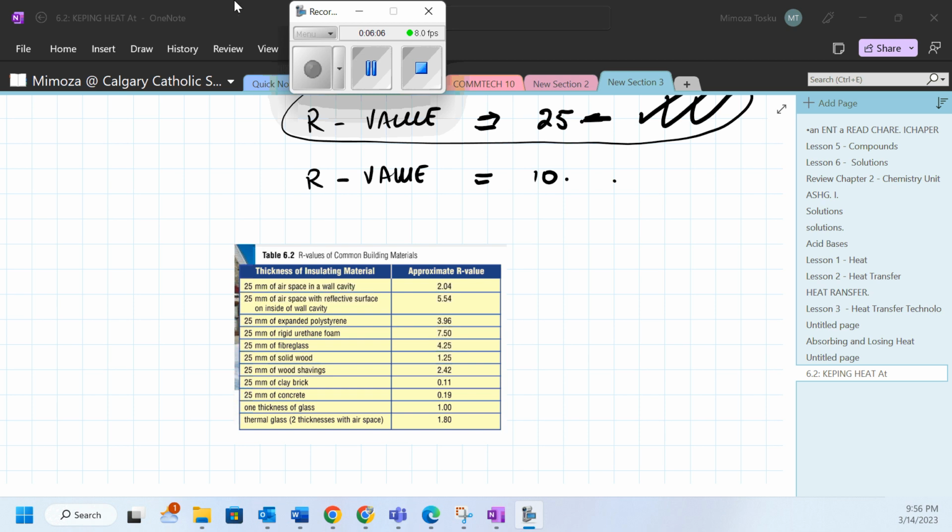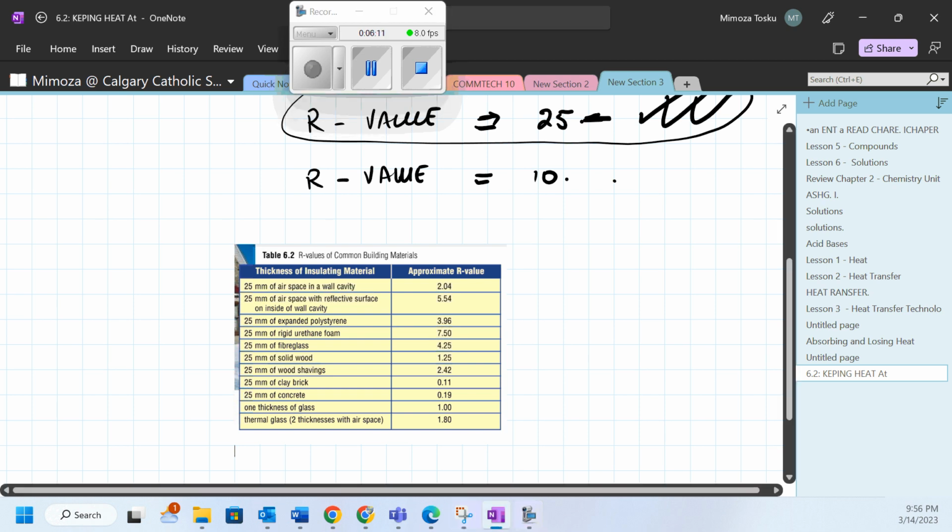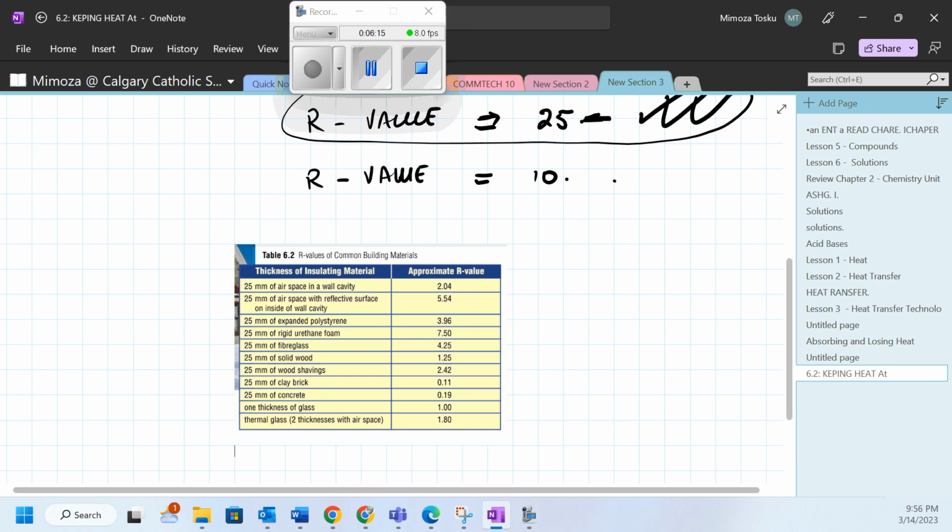In your textbook on page 111, you will see R values for some of the materials that are used in our buildings, some building materials.